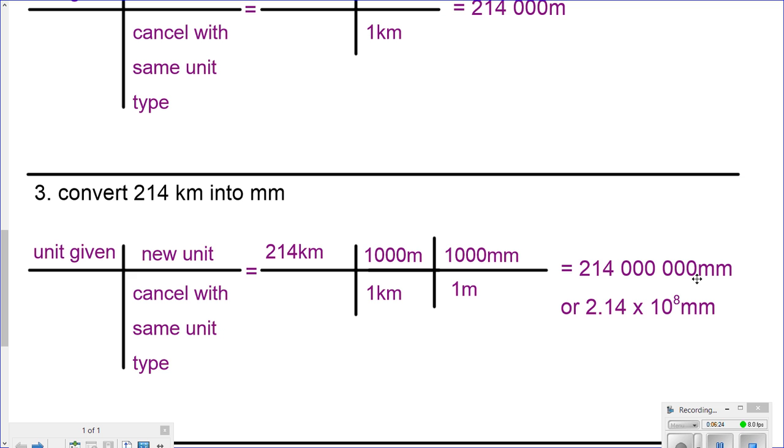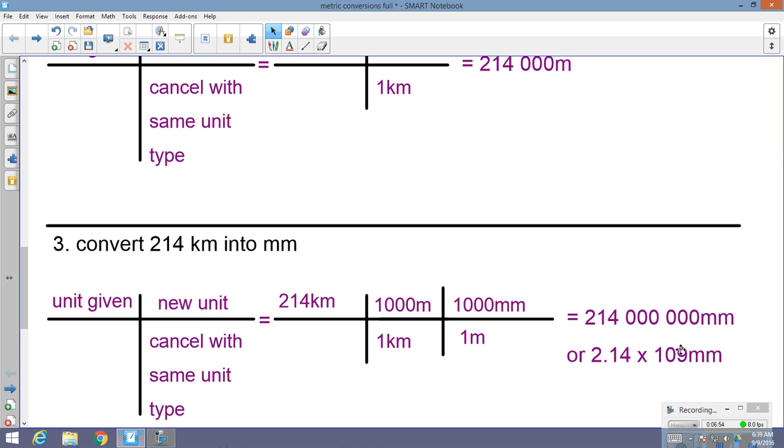Let's count. 1, 2, 3, 4, 5, 6, 7, 8, 9. It is to the 9th. Therefore, this will be a 9, not an 8. So to the 9th power.